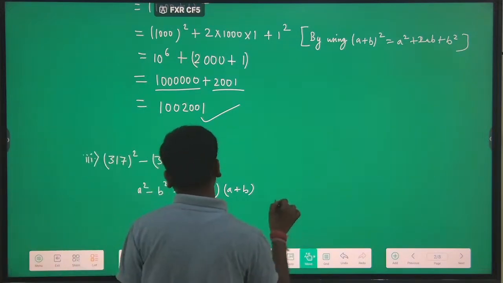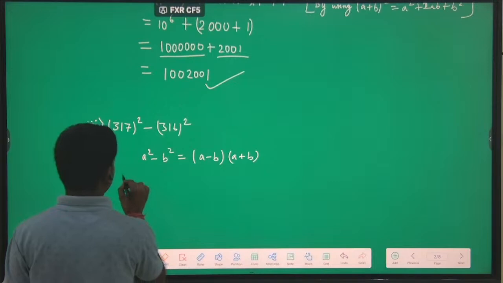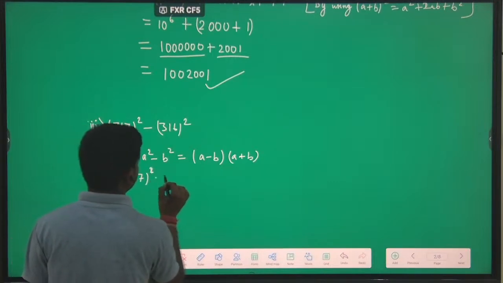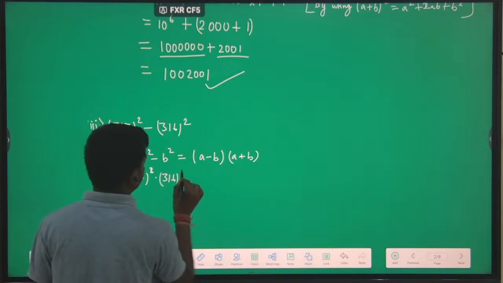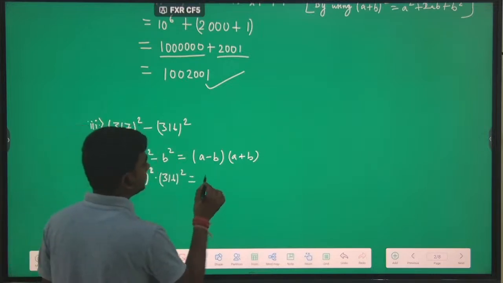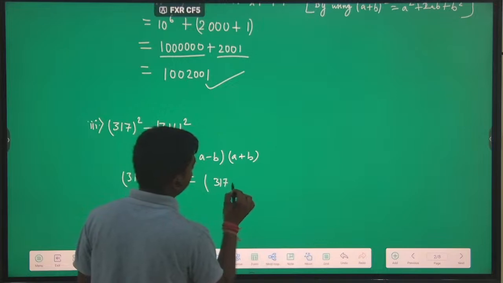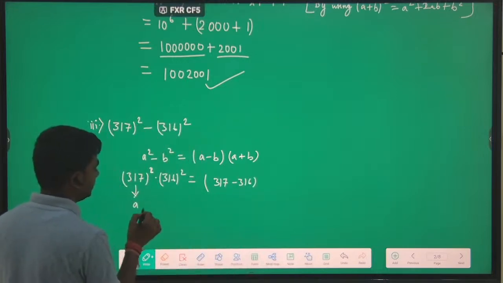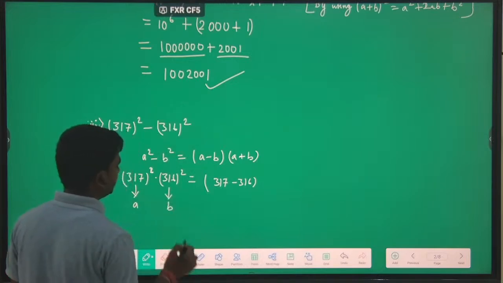So what we will get? The value of 317 whole square minus 316 whole square will be equal to 317 minus 316, because our a is 317 and b is 316.